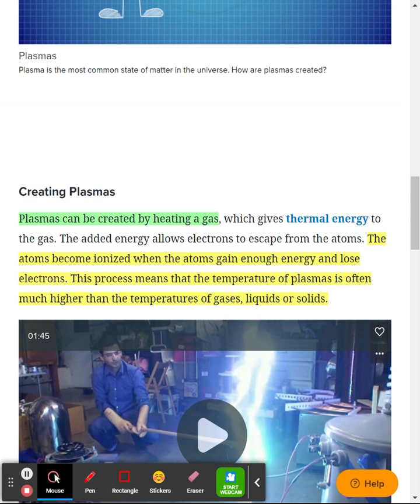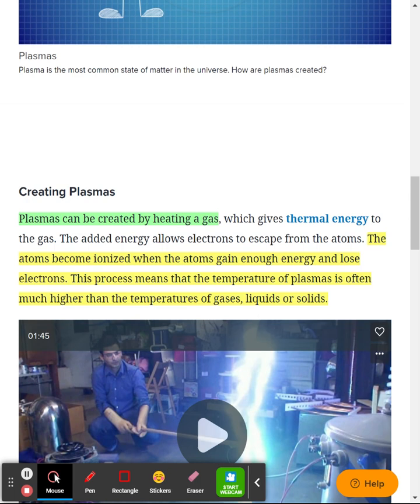If you can get that gas to absorb enough energy, it's going to start to move. The particles are going to start to move faster and faster. And if you can impart enough energy, you can actually cause the electrons to break free of their orbits, because they're attracted to the positive protons. So the atoms become ionized when the atoms gain enough energy and lose electrons.